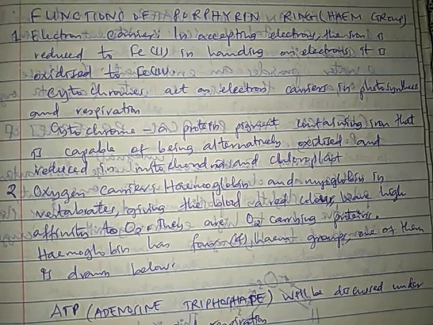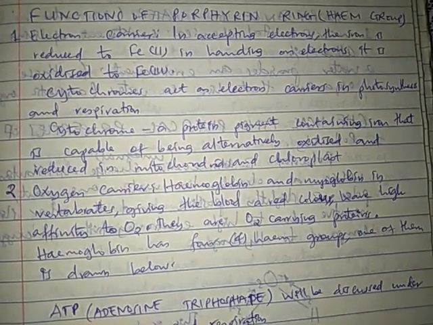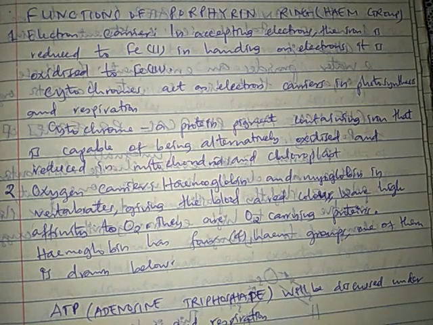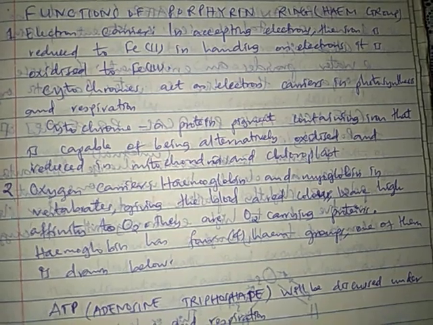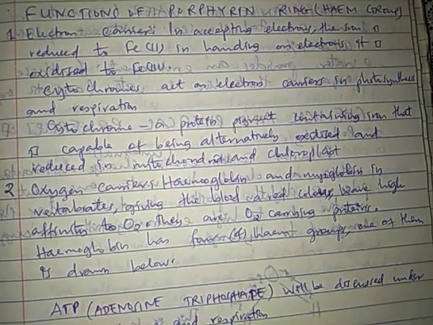So the iron can accept electron or can release electron, and by accepting or releasing electron it becomes oxidized or reduced, and the cytochrome they act as electron carrier. Cytochrome is a protein pigment containing iron that is capable of being alternatively oxidized and reduced in mitochondria and chloroplasts.